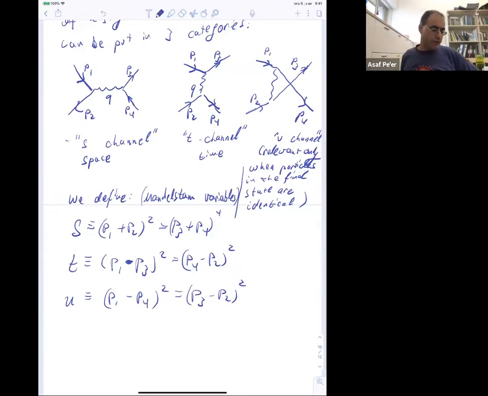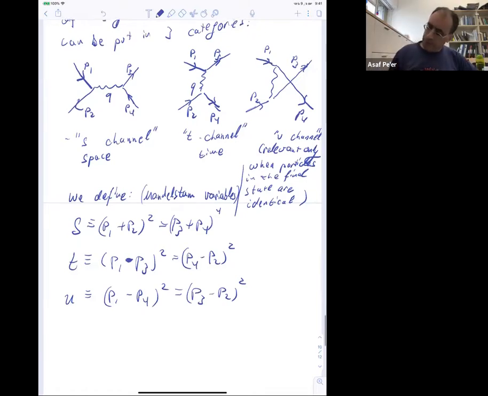Of course, the Pi are the four-momenta of the incoming and outgoing particles involved. The important thing is that all the Mandelstam variables are really squares of four-momenta. So, four-vectors, and the square of a four-vector is a Lorentz scalar, which means that all these variables are invariant under Lorentz transformation, or in other words, they get the same value in any frame that we're looking at.